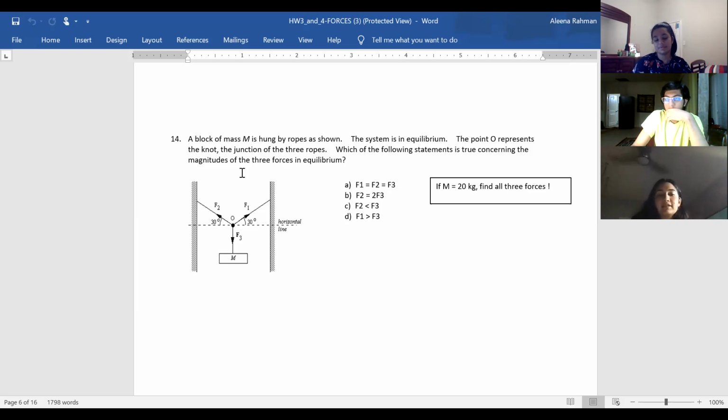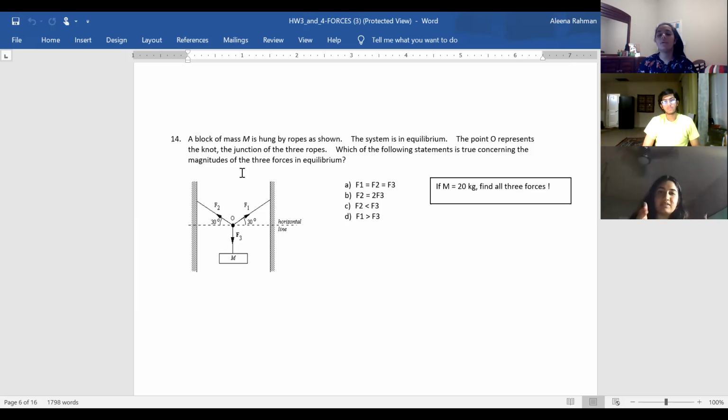So if it's in equilibrium, then your upward force is equal to your weight, right? Weight is simply a force in the downward direction. There's no vertical or horizontal component. So the mass times the gravitational pull is going to be equal to 2 times the F1 force, because we're assuming they both have the same sine theta.